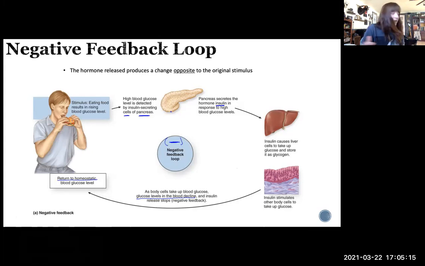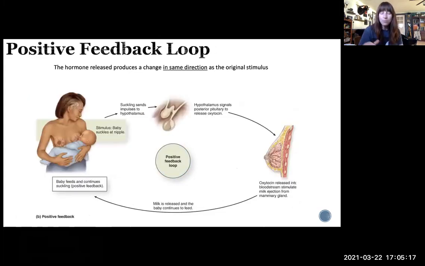Okay. Versus a positive feedback loop where, for example, you would have suckling at the breast, right? That stimulus, the physical stimulus, triggers the hypothalamus to signal the posterior pituitary, which is the back part of the pituitary gland, to release oxytocin. Oxytocin causes the mammary glands to produce more milk and to eject the milk, right?